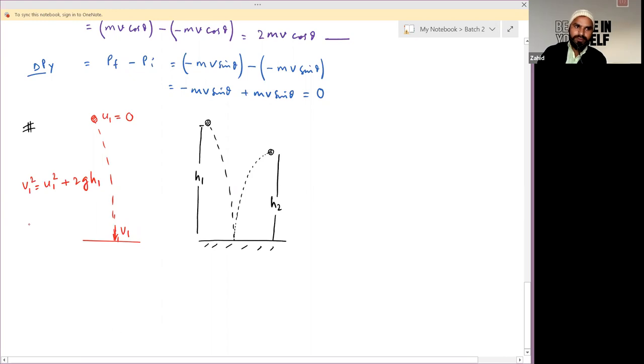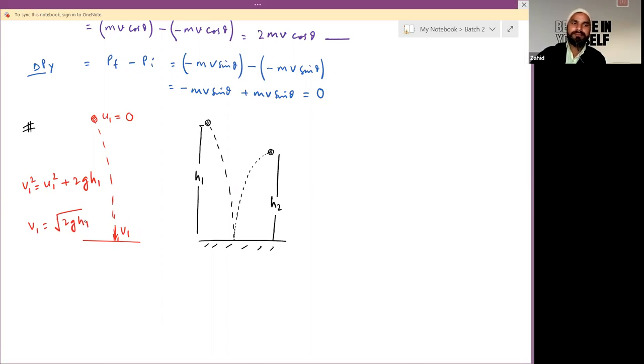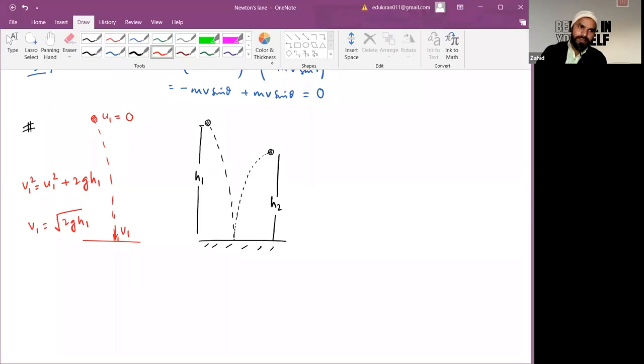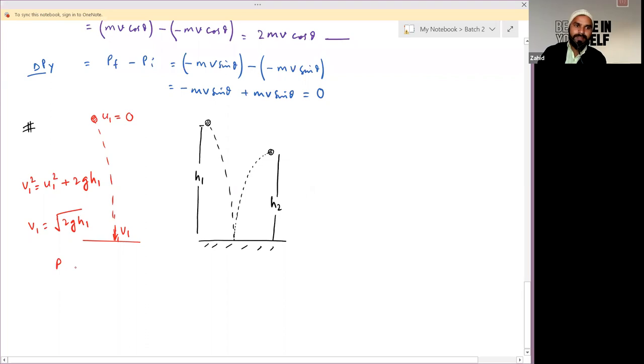As u1 is 0, v1 will be root of 2gh1. Is it clear? Yes, sir. So this will be the initial momentum, and since it is going vertically downward, it will be in negative y-axis. So linear momentum initial would be mass times v1.